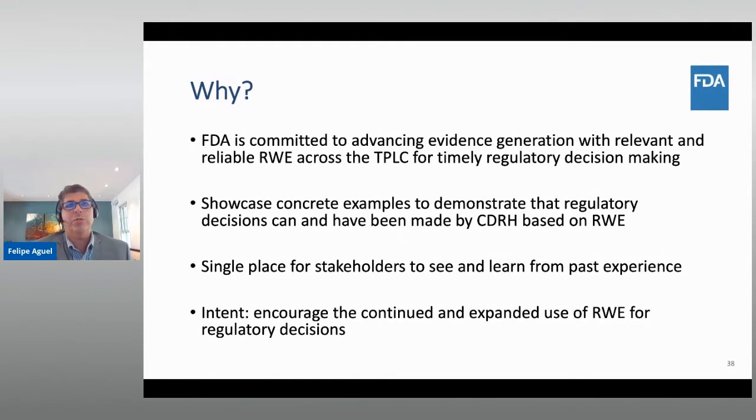And what we wanted to do was showcase concrete examples to demonstrate that regulatory decisions can and have been made by CDRH based on real-world evidence. We wanted this to be a single place for stakeholders, both internal and external, to see and learn from past experience. And the intent here is really to encourage the continued and expanded use of real-world evidence for regulatory decisions. Next slide, please.